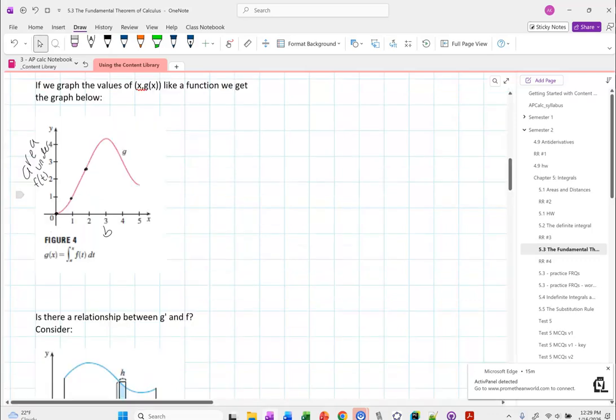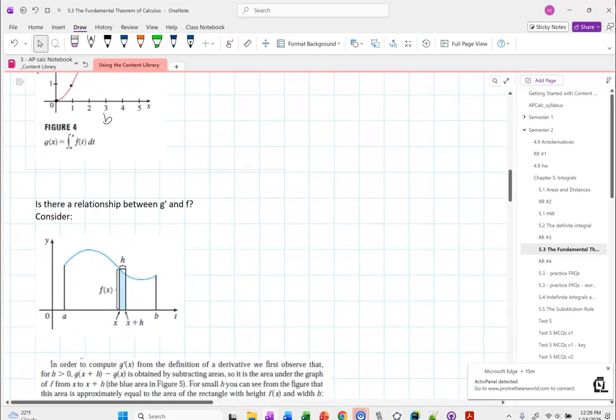So I want to ask myself, is there a relationship between the derivative of this area function, this g of x, and the function that I'm finding the area under the curve for, my f?